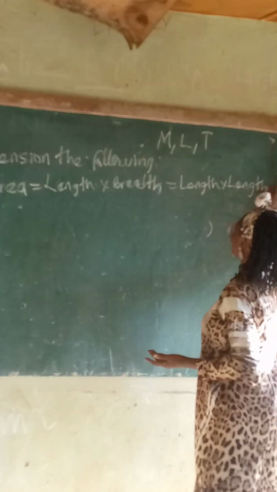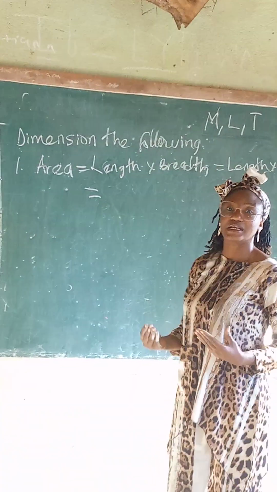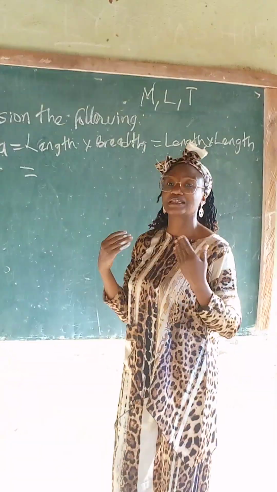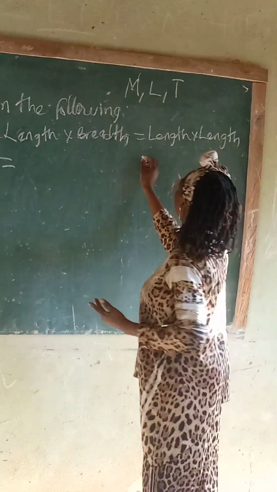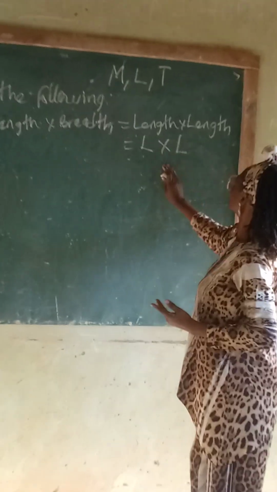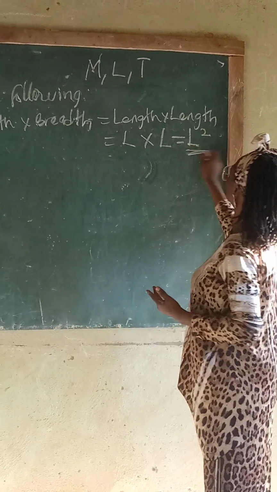If you are dimensioning length, you use capital letter L to replace length. So we have L times L. The dimension for area is simply L raised to power 2.